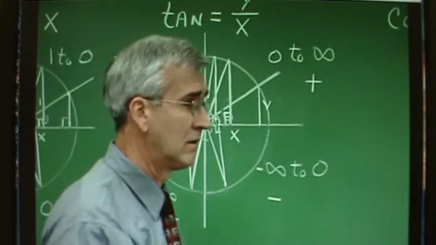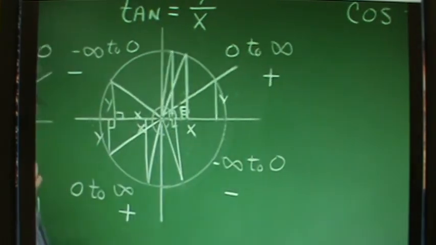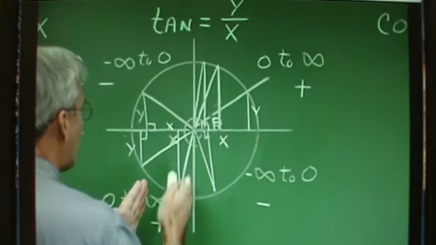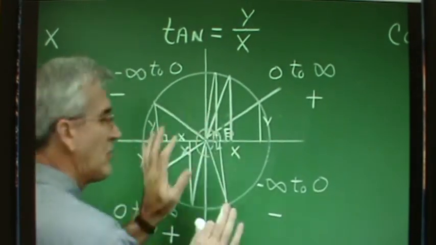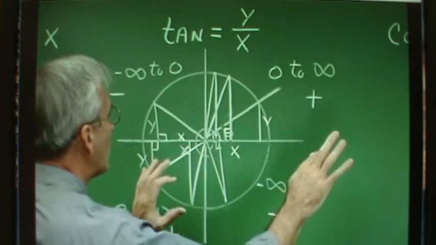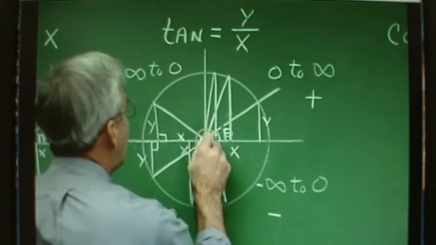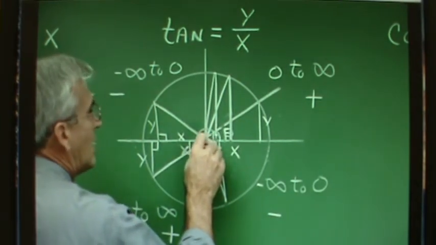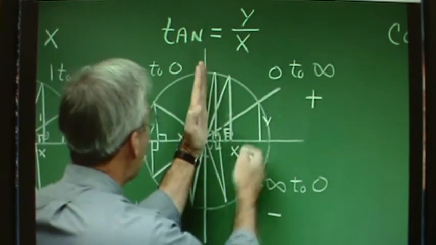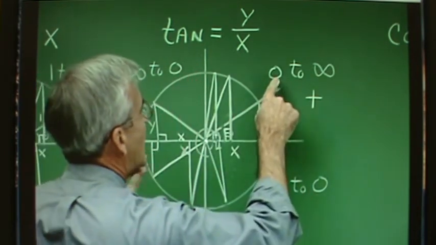Okay. Wait a second. I need to restate something here. I'm generalizing at the points where x is 0, and I should be specific at those values. I don't want to move over to the next column just yet. When x is exactly 0, that is, when we have a 90-degree angle and x is exactly 0, I say 0 to infinity.